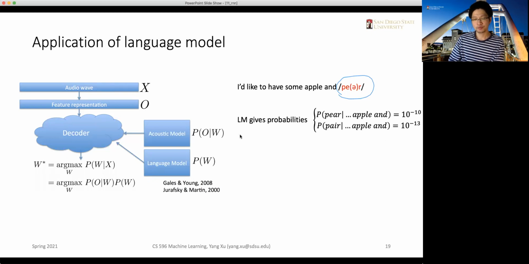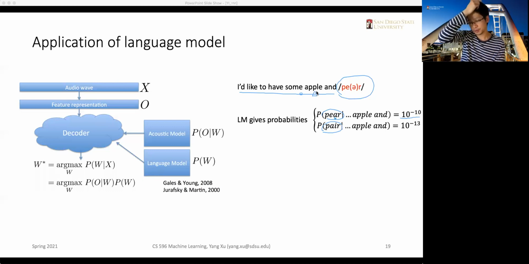But what we can do is use the language model to measure the probability of the word pear appearing after the previous words. So it makes sense that the fruit pear has a higher probability because it's after another fruit, apple, right?